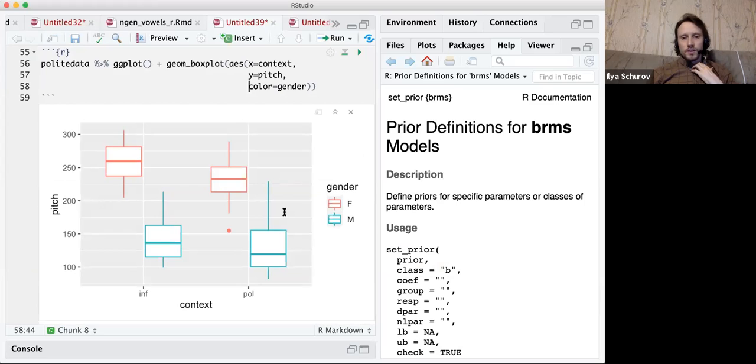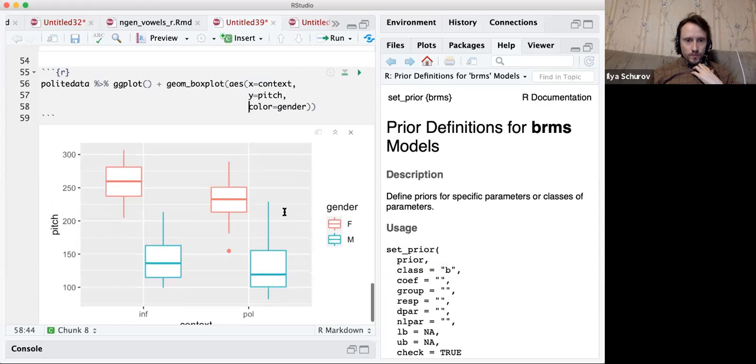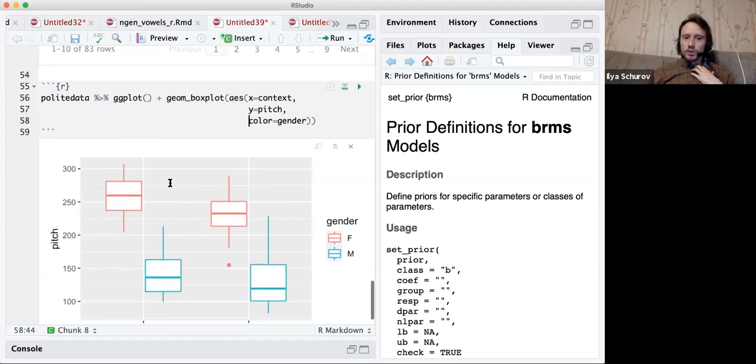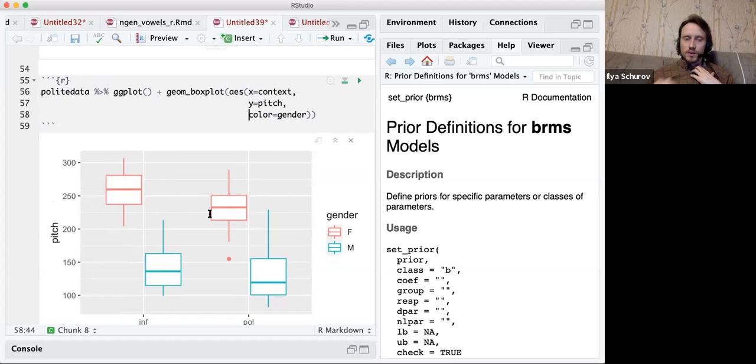So I see this picture. So this is informal context, and this is polite context. And we see differences between genders, and we see differences between contexts. And I want to compare these differences.